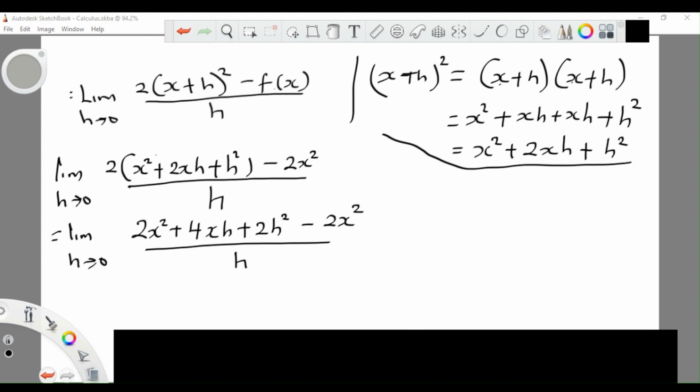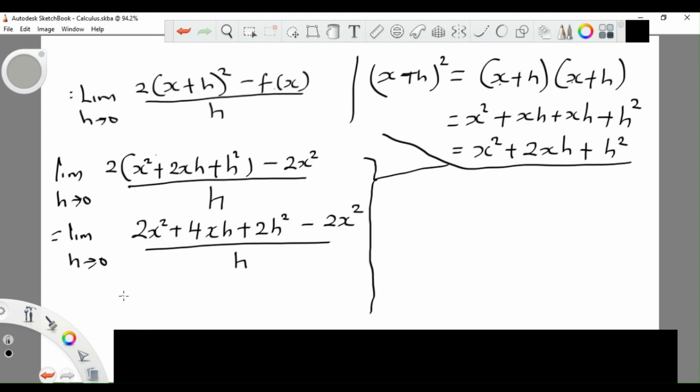So the next thing we do here is to simplify the numerator. As you can see, we have 2x squared here, and we have minus 2x squared here. That means that what we do now is to group. So we collect the similar terms, and we have 2x squared, we have 2x squared.